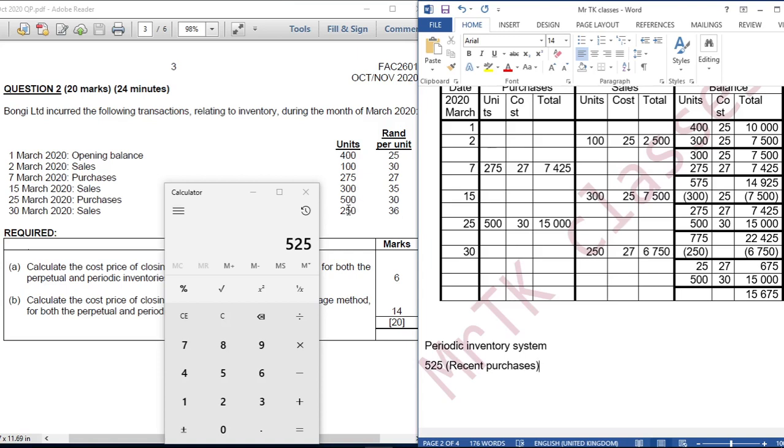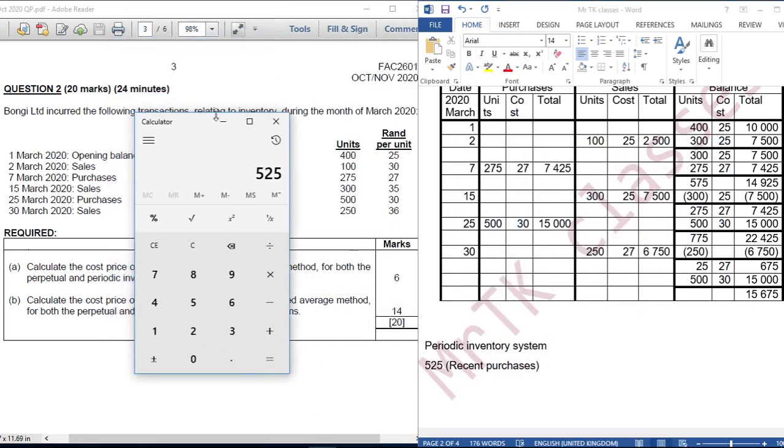So we are starting from the bottom going up. What we have is what we bought last, which is our recent purchases. So of this 525, 500 of them are from this batch.